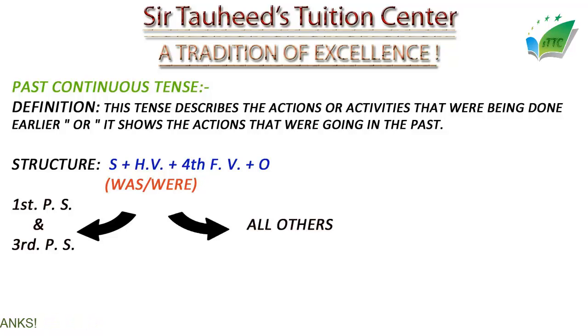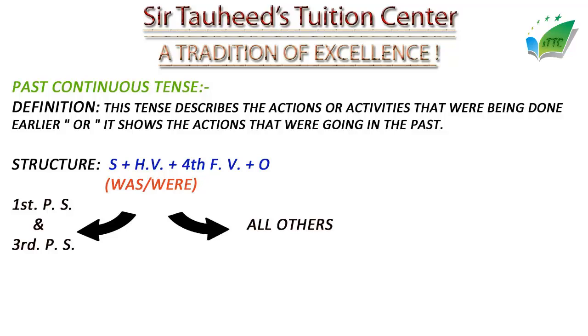Were is the other option. If we don't use was, then we use were. It means were is always used when the subject is other than first person singular and third person singular. It may be first person plural, second person, or third person plural.